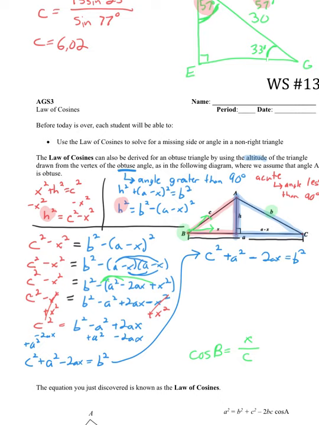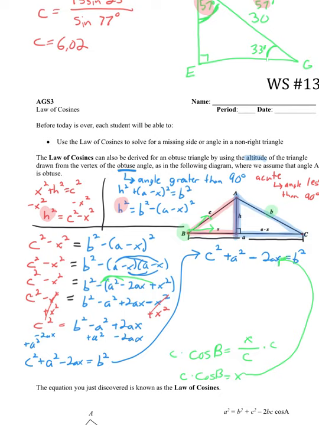Remember, cosines only work with right triangles, so I can use it on this small right triangle here. And I'm essentially going to solve for x. I'm going to get c times cosine of b equals x. And this is going to allow me to take this equation and plug in for x so I can get rid of an x there.